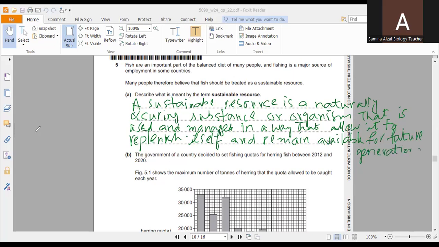So it means any substance or any organism is available for future generations. It is not reducing in its production.